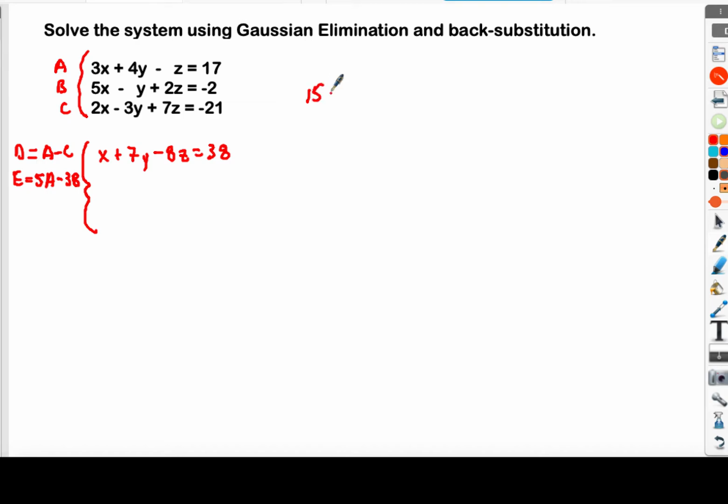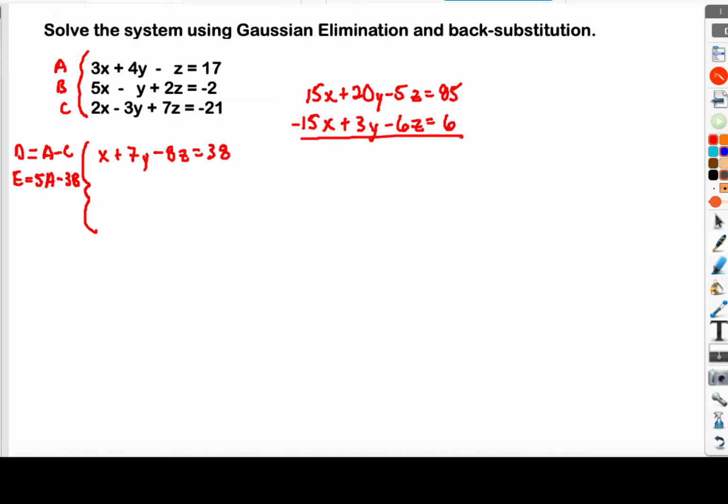This would be 15x, right? I'm going to multiply equation A by 5, so 15, 20, and 5z here, and multiply 17 by 5 is going to be 85. Then we can take negative 3b, and I'm going to go ahead and put the negative in there. Let's call it a negative 15x, positive 3y. Again, multiplied by negative 3 would be a negative 6z, and by negative 3, that's a positive 6.